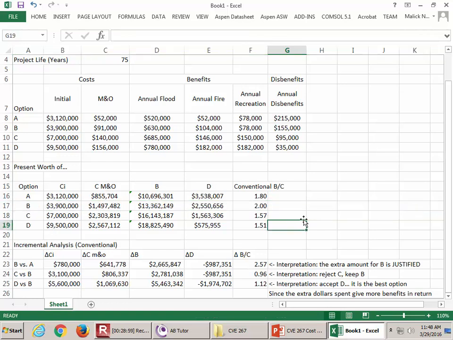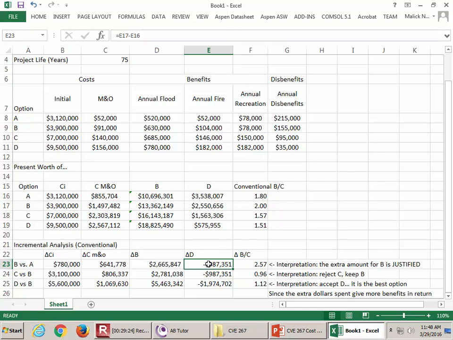But it's not. When we go through the incremental analysis, we're finding, for instance, in comparing B and A, how much extra it costs. It costs an extra $780,000 in construction costs. Here's the extra maintenance and operation costs when we take it to the present. The incremental benefits comparing the two, the incremental disadvantages.